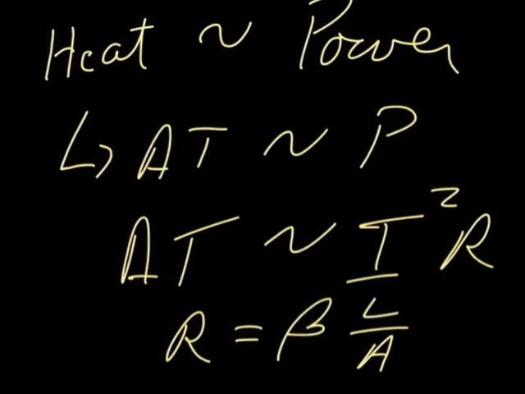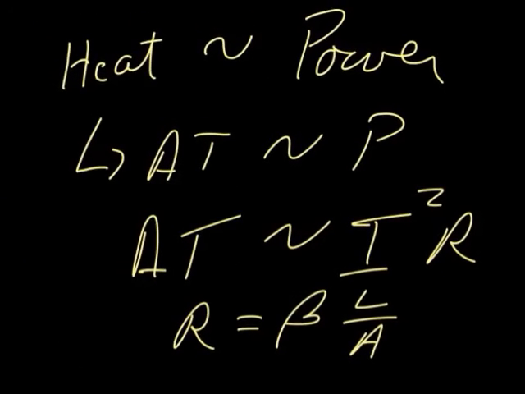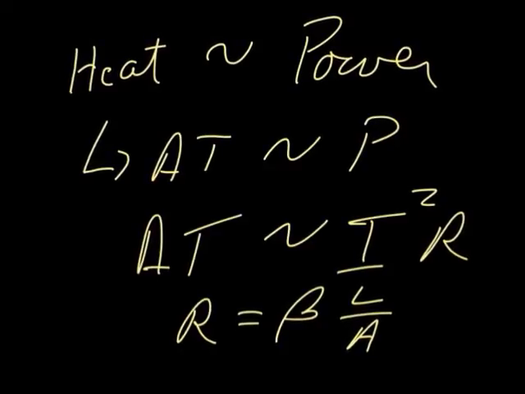Okay, so to recap, heat is proportional to power. So if I'm going to heat a room, how do I do it? I run electricity through thin wires. If you've ever seen the old heaters, you might even have one at home still, there's a coil of wire, right? So you have this coil of wire, and when you turn it on, current flows through it, and it starts getting hot.